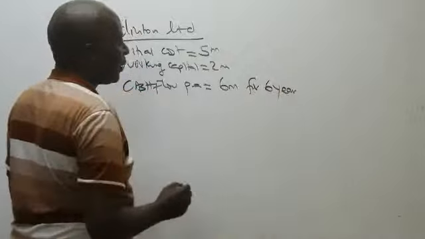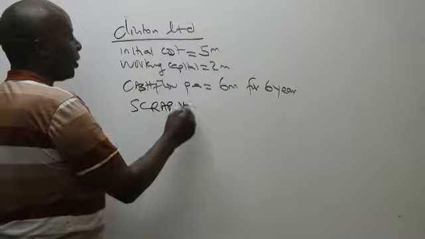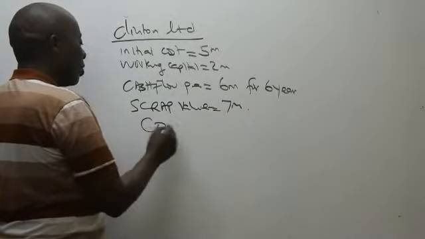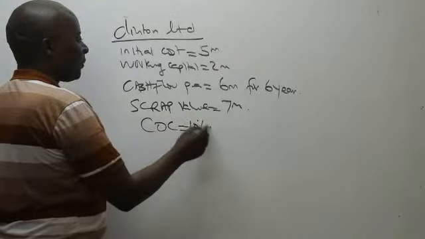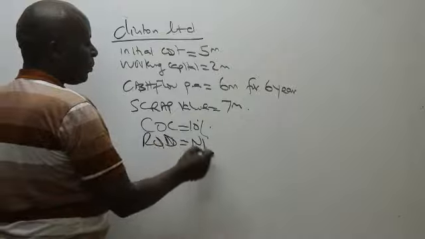All right. We have a scrap value of 7 million. The cost of capital is 10%. So we are required to get the net present value.